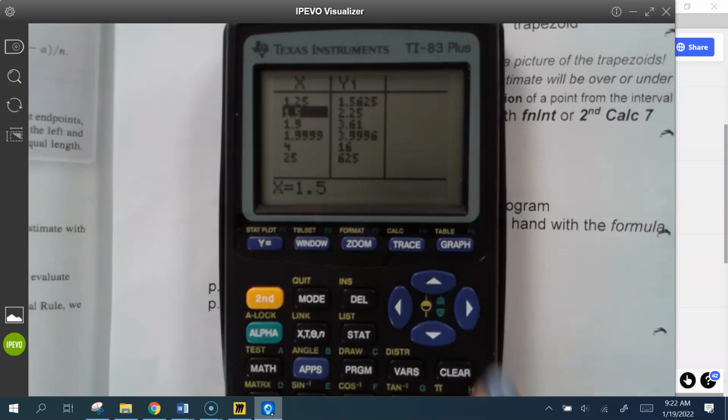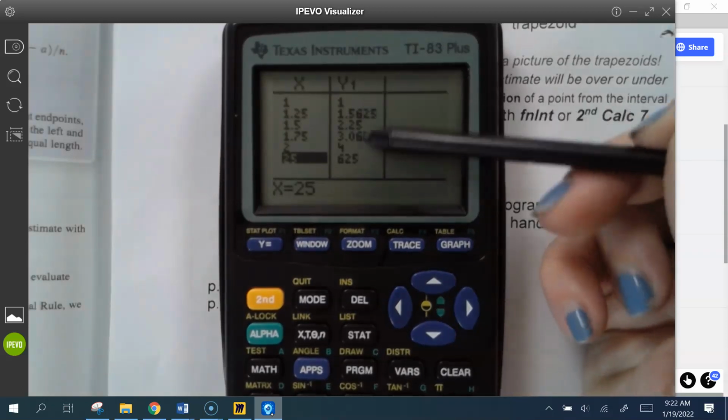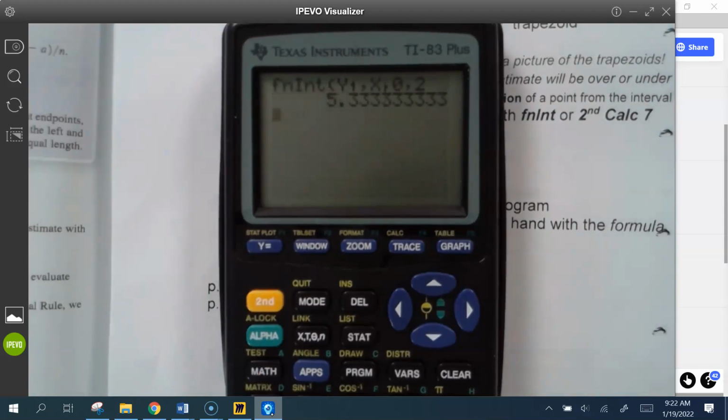So I started at 1, and then I went 1.25, 1.5, 1.75, up to 2. Those are all the y values. So I don't actually have to say what is 1.25 squared.